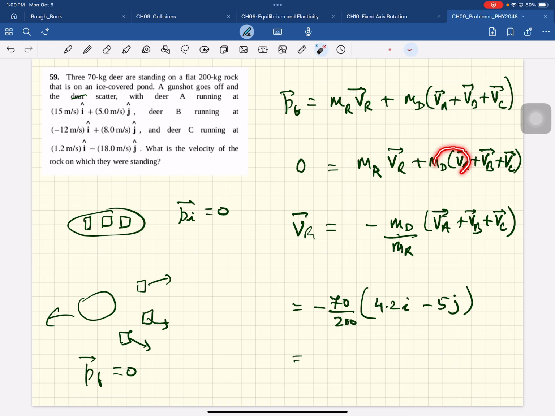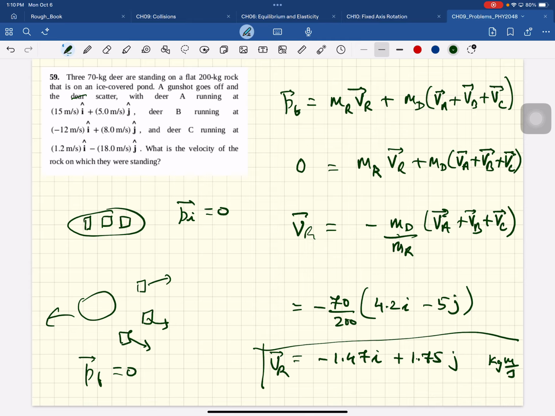So this is the momentum of deer A. This is the momentum of deer B. This is the momentum of deer C. Okay, so that's the velocity of the rock.